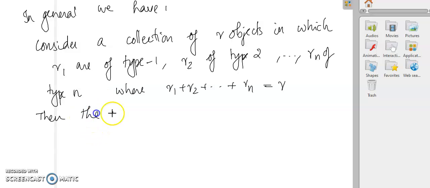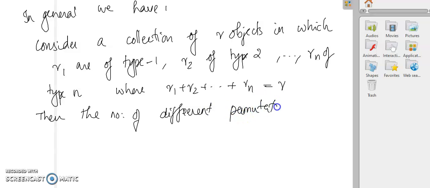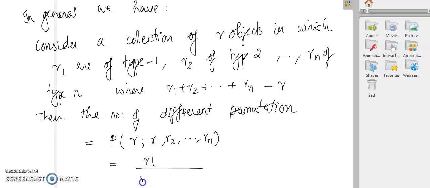Then the number of different permutations, denoted by P of R semicolon R1, R2, etc. Rn, is given by R factorial by R1 factorial, R2 factorial, etc. Rn factorial. So that is the required number of permutations.